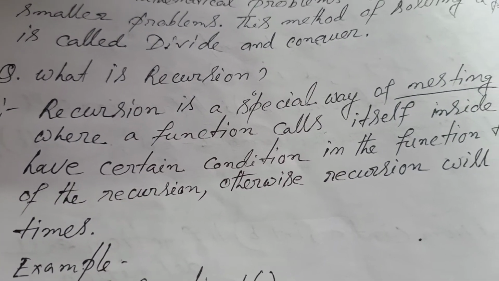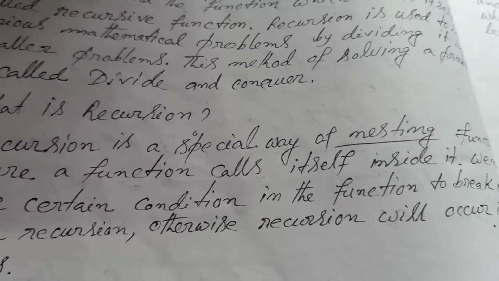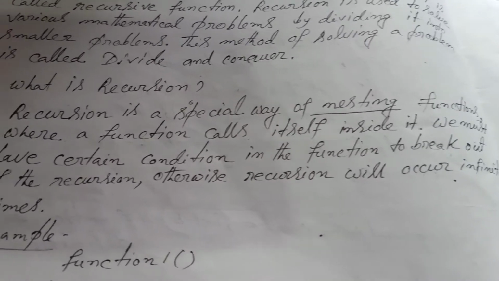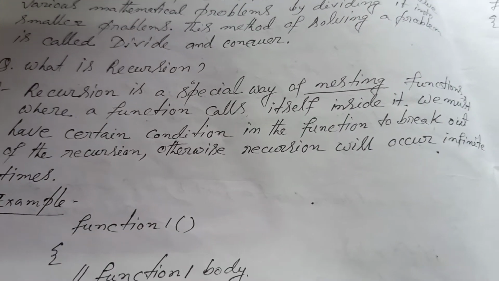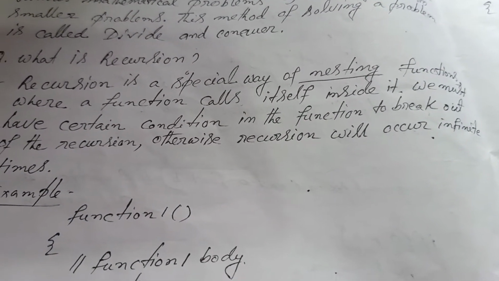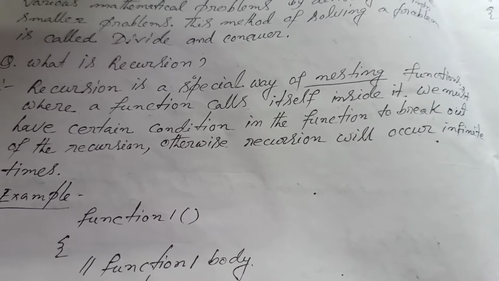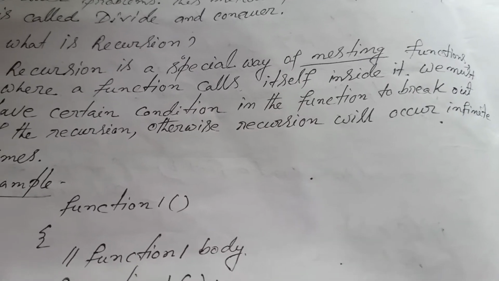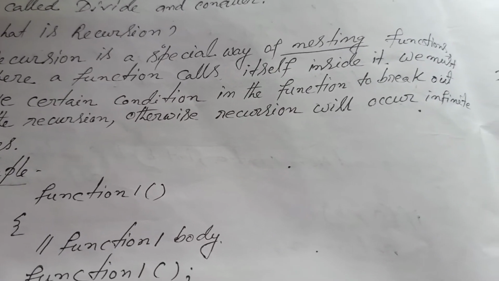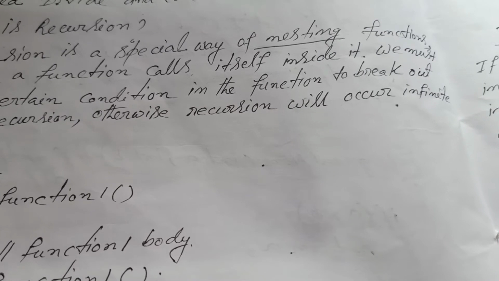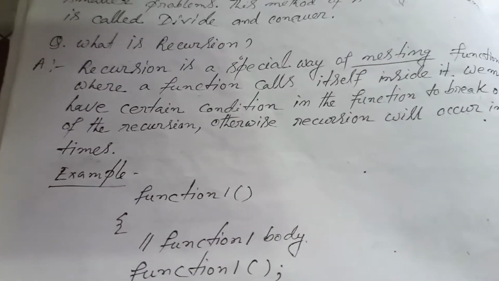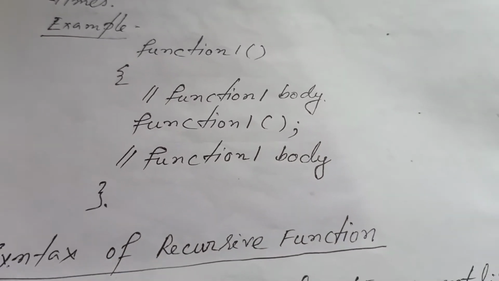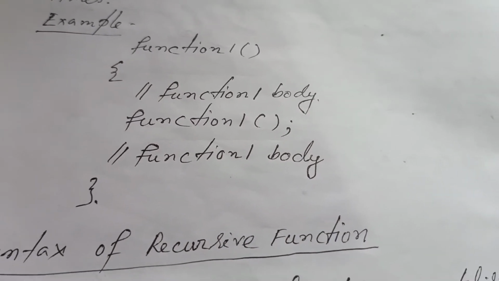So the definition of recursion is a special way of nesting function where a function calls itself inside it. We must have a certain condition in the function to break out of the recursion. Otherwise, recursion will occur infinite times. This is the definition.